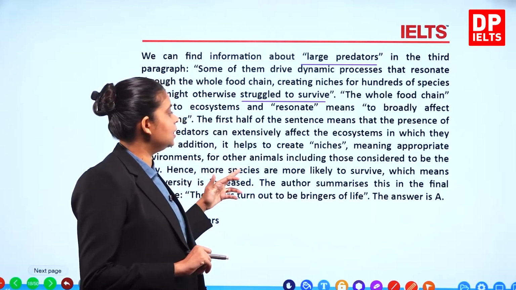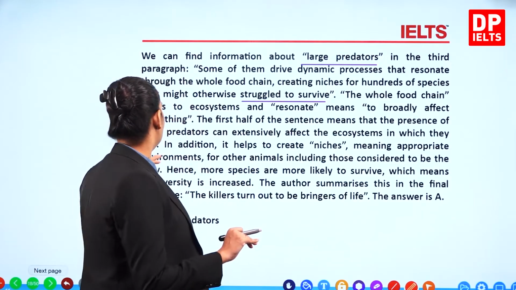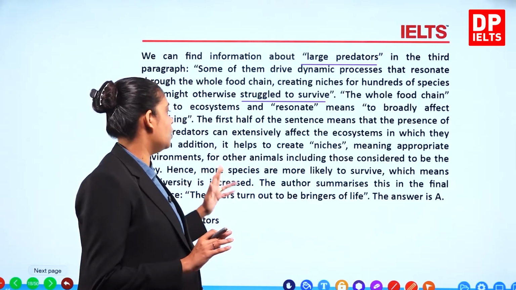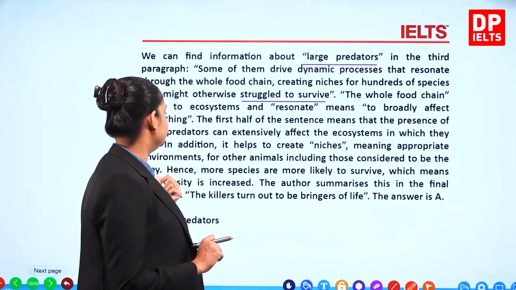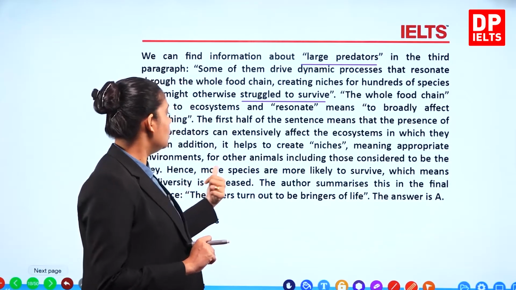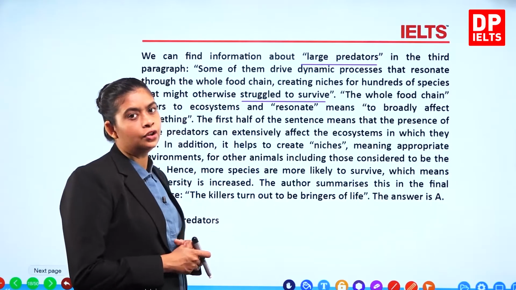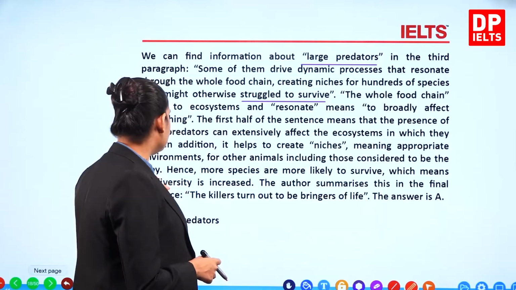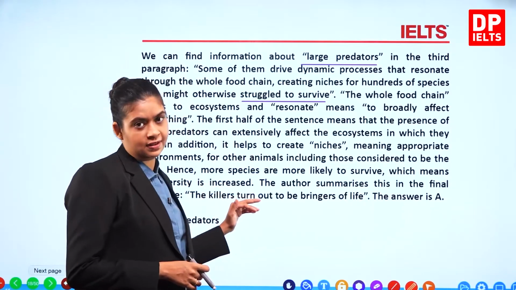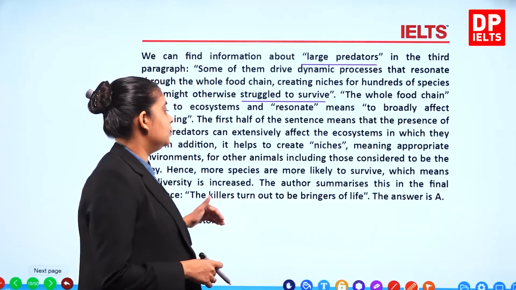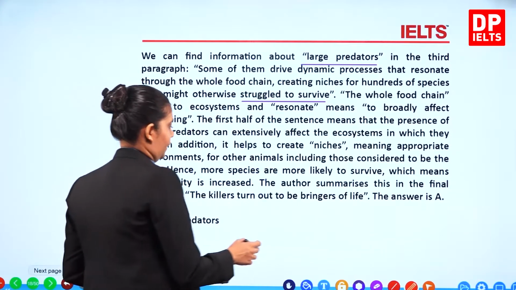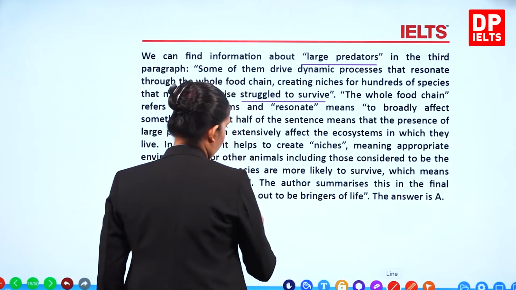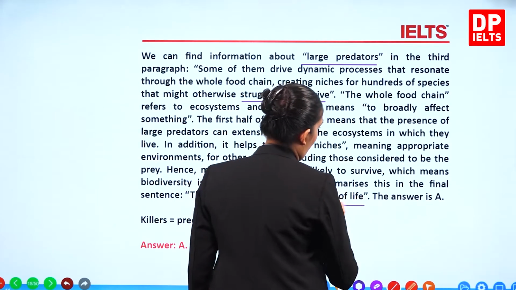In addition, it helps to create niche, meaning appropriate environment for other animals, including those considered to be prey. Hence, more species are likely to survive, which means biodiversity increases. The author summarizes this with a final sentence. The killers turn out to be bringers of life.